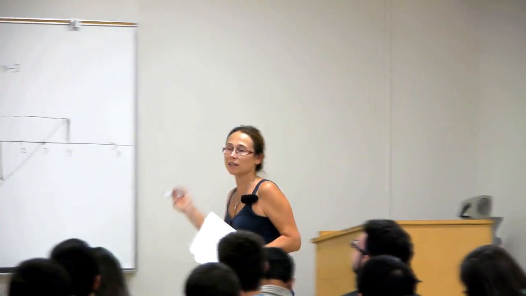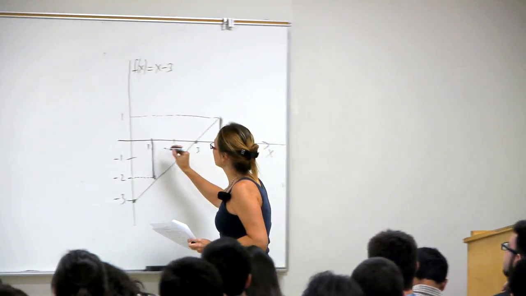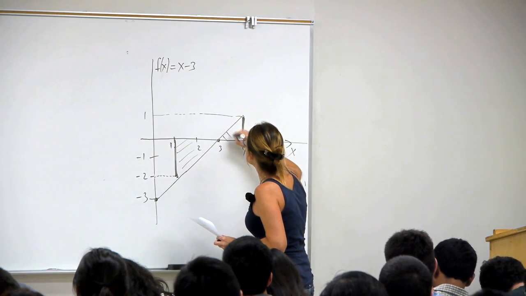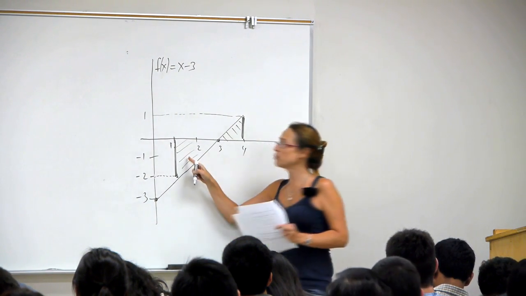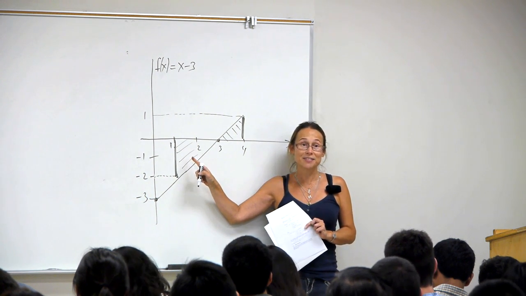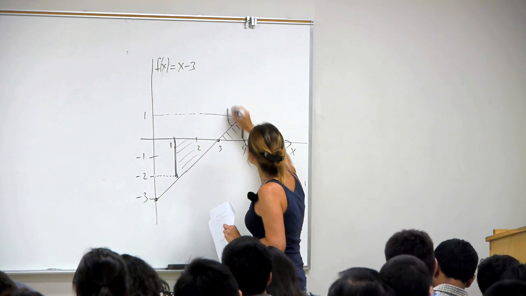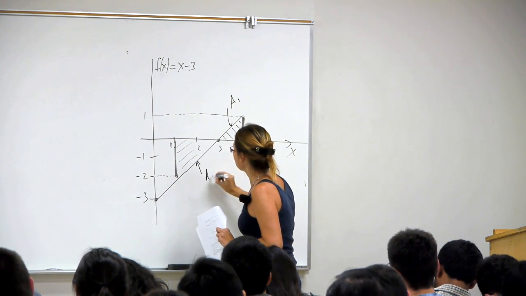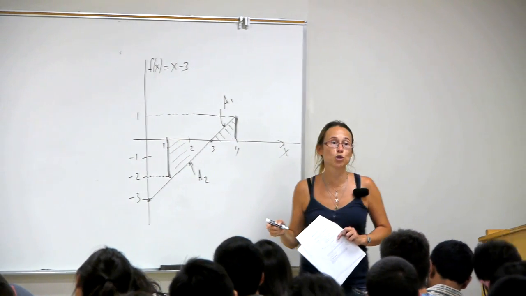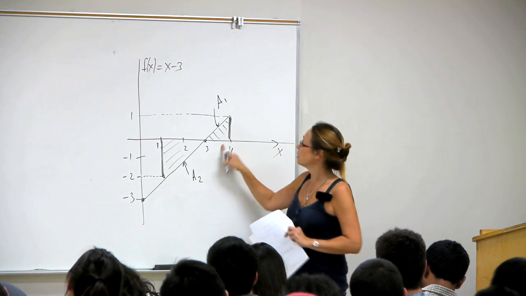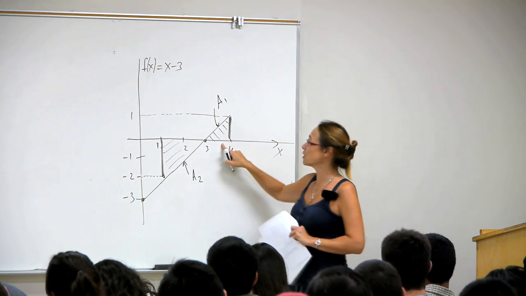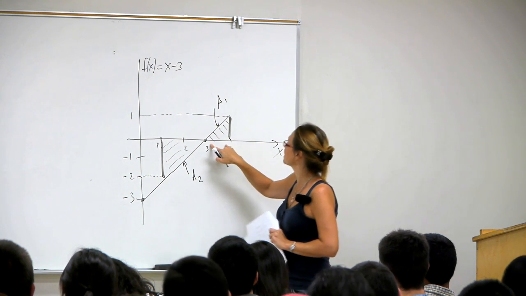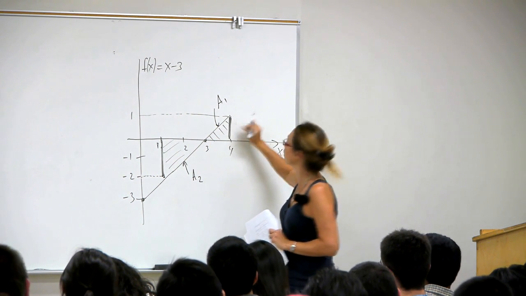So to calculate it simply, we can calculate this area. And we can calculate this area. And then remember that this area comes with a negative sign, right? So let's call this A1, the positive area. Let's call this A2. And let's calculate them from geometric considerations. This is easier. What's the area of this object? It's a triangle. 1/2. It has a base of 1, the height of 1.